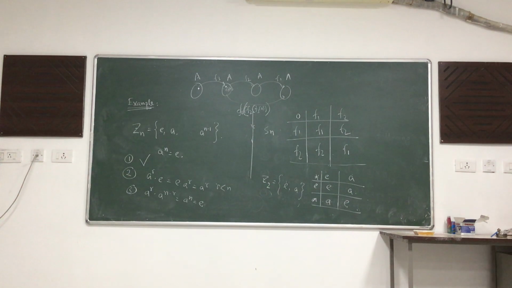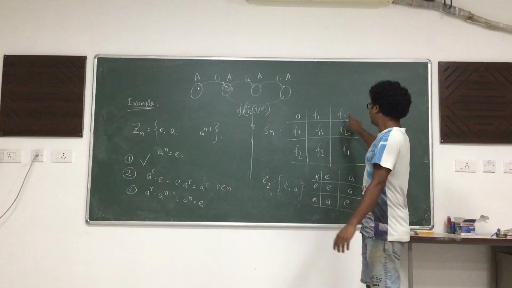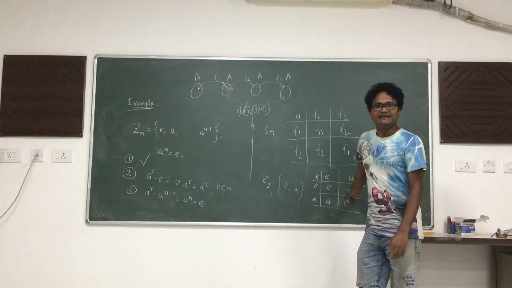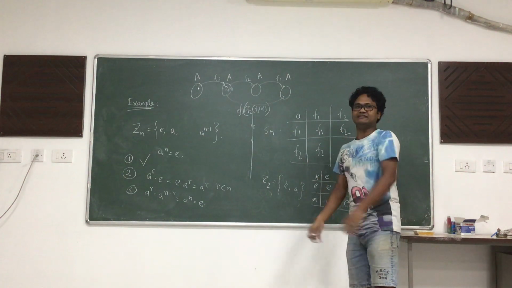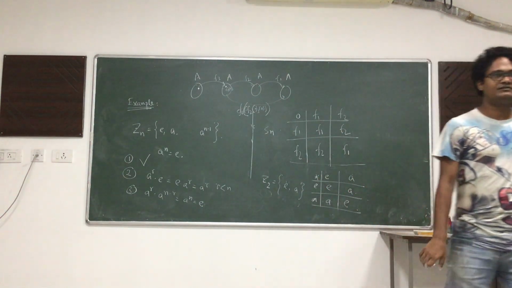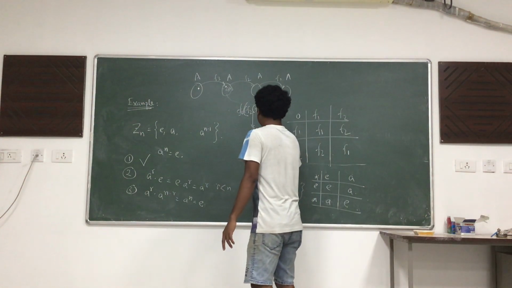Do you see a similarity? If we identify F1 as E here and F2 as A here, we see that these two multiplication tables exactly match.